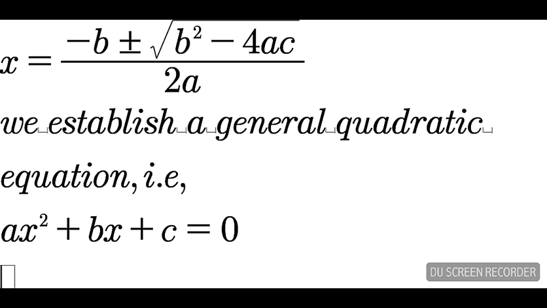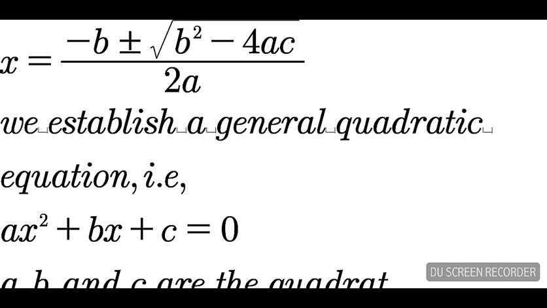At this point, a, b, and c are the coefficients of what? The quadratic equation. We say that a, b, and c are the quadratic coefficients.